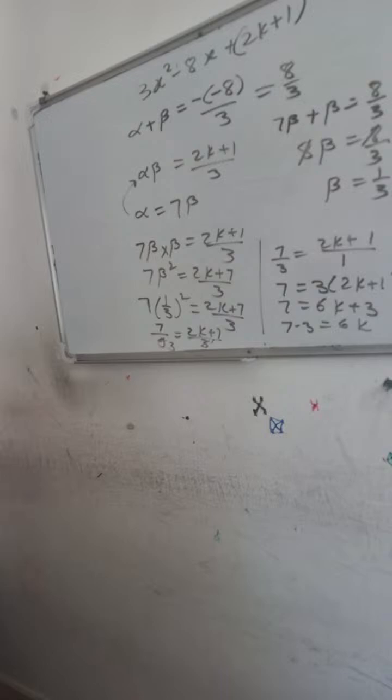Write down: a quadratic polynomial 2x square minus 3x plus 1 has zeros alpha and beta.